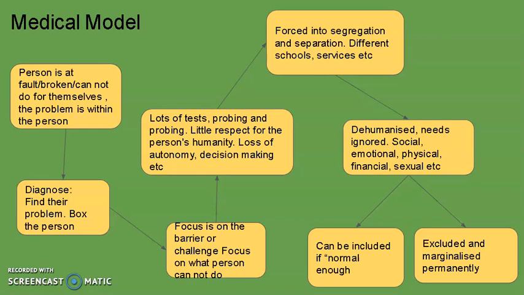So the medical model was, as you can see, very difficult on people with different abilities. Those people were seen as the problem, as if they were the ones that almost created their own situation. And they weren't accommodated for in ways that made their life easier or made them included in society and community.